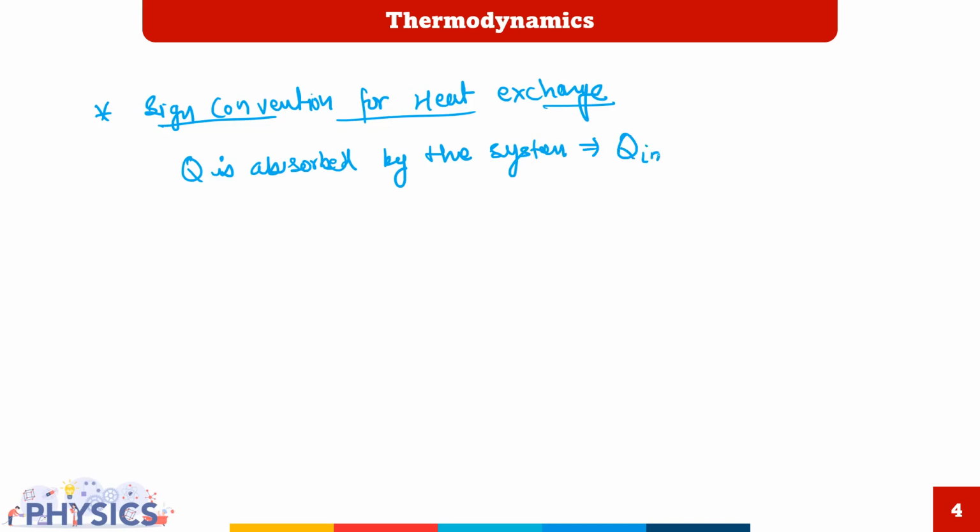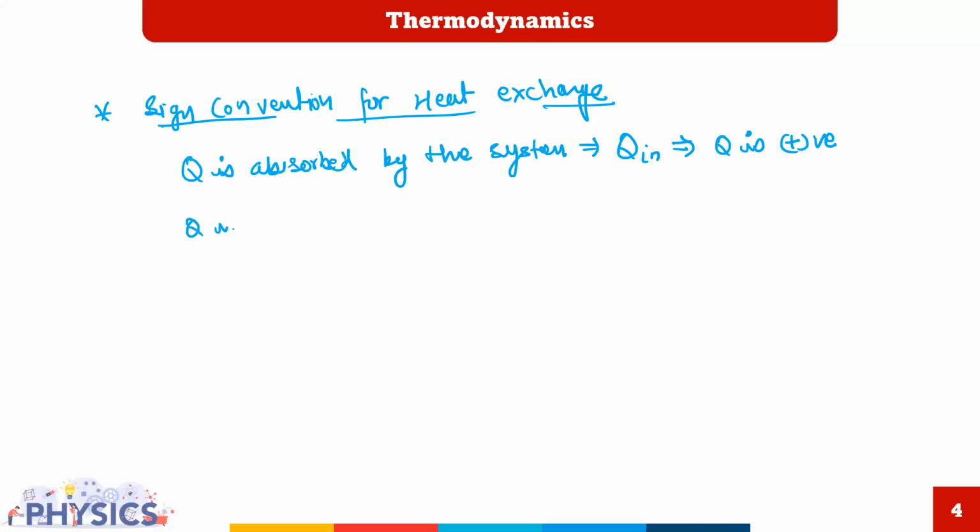In means the heat is going inside the system. So if Q is in, or heat is going inside the system, then we take Q as positive. You can relate it to your bank balance. If you put money inside your bank account, you get the positive sign. If you take out money from your bank account, you write the minus sign. Same thing is for heat.